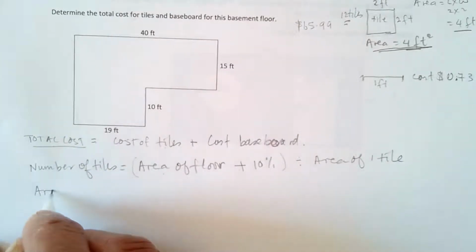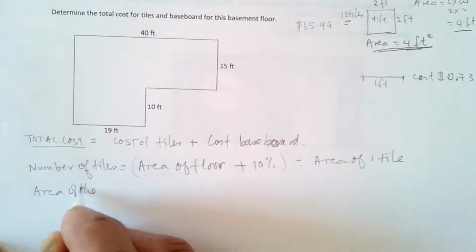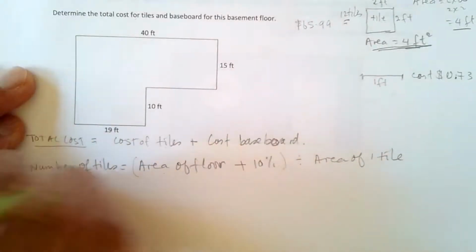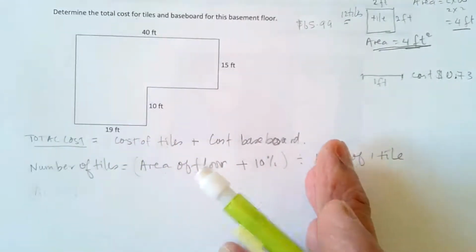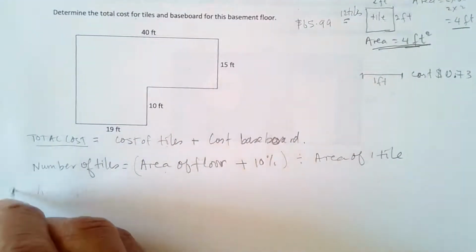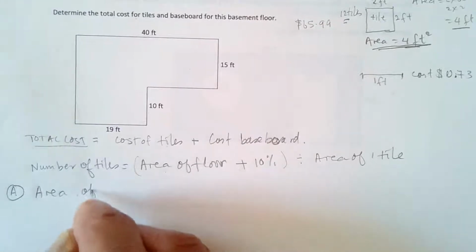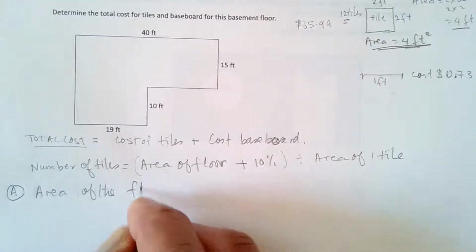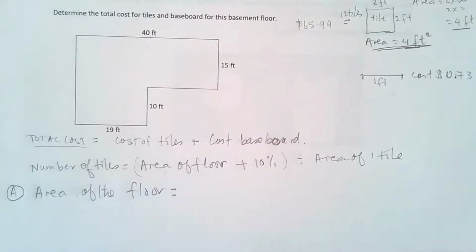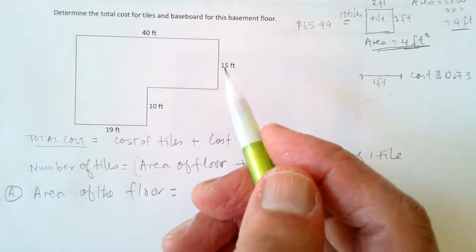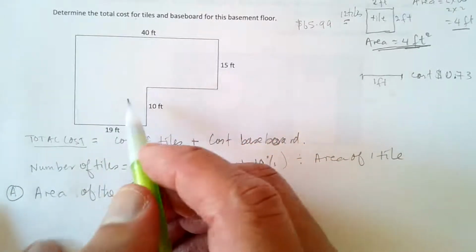So the area of the floor. Let's do this number 1A. Area of the floor will be equal to, now, this is where we need to find the area.